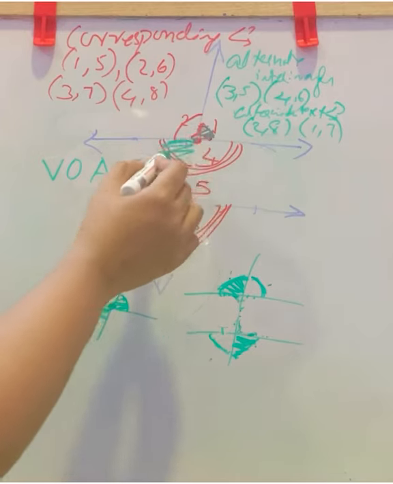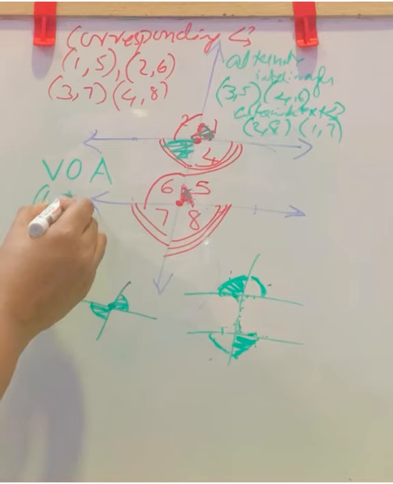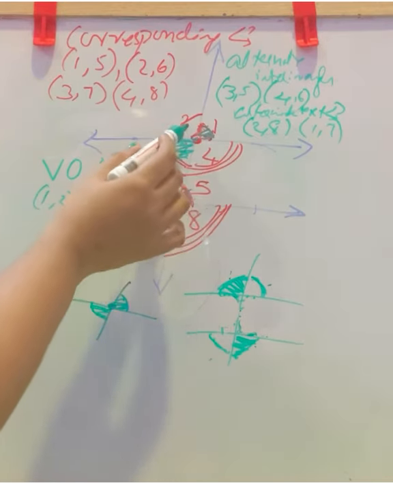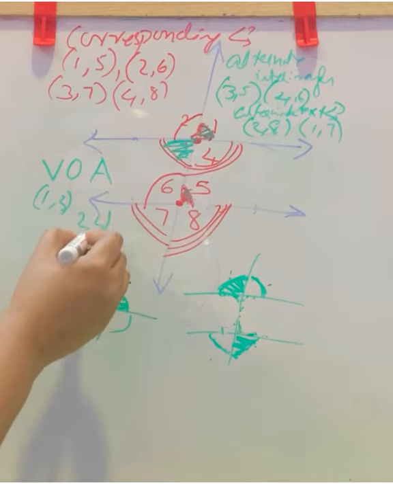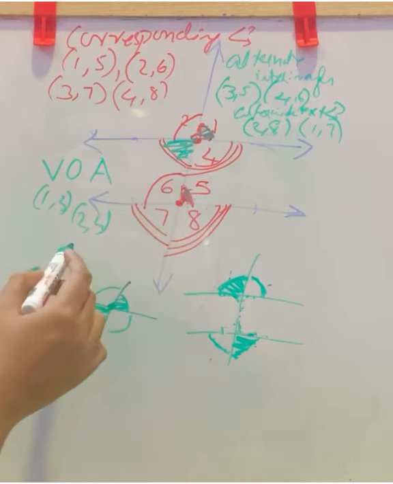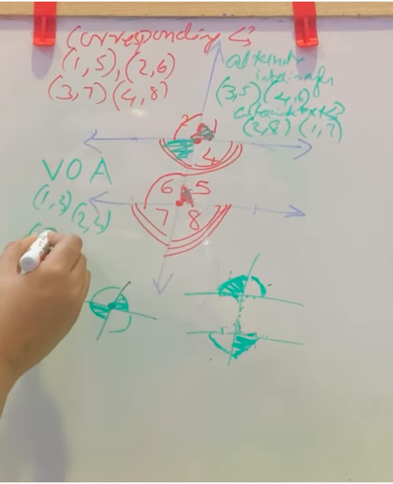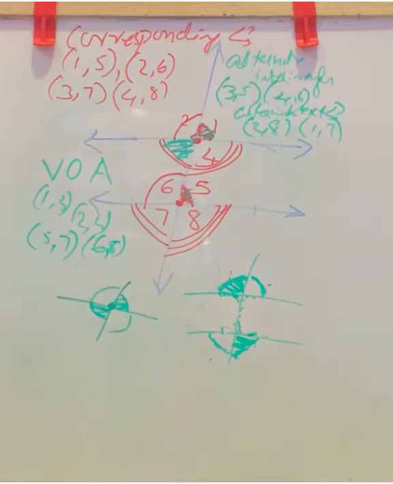So pairs are 1 and 3. The other pair, this and this, 2 and 4. Also here you can find some other vertical opposite angles. It is 5 and 7 and 6 and 8. These are vertical opposite angles and they are also equal.